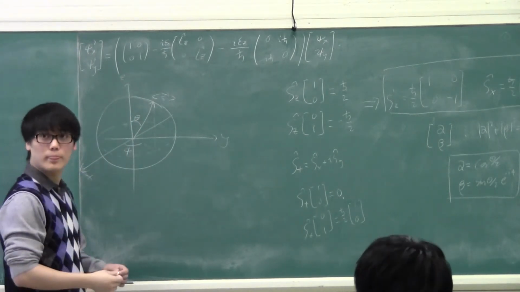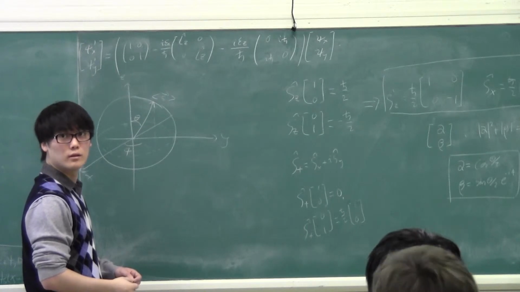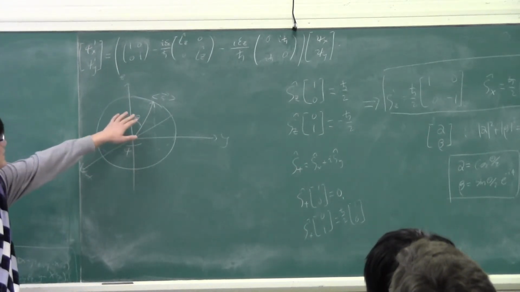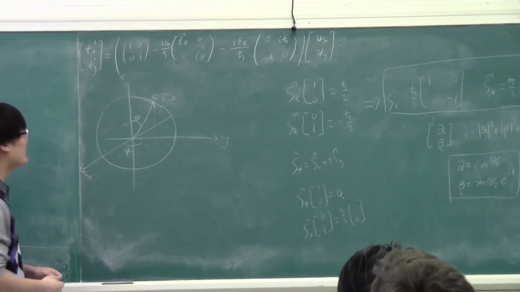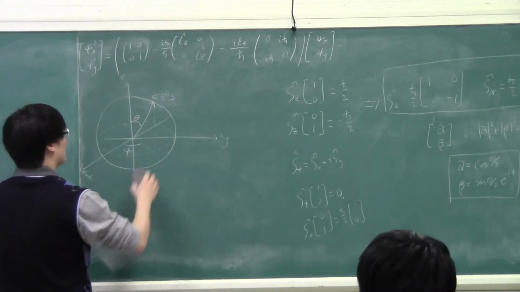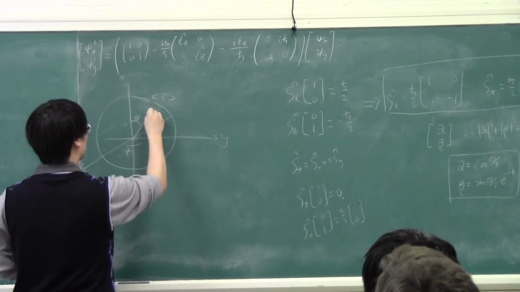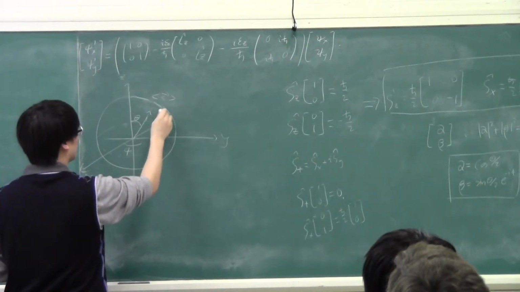The vector doesn't end there. When you draw that vector up, it doesn't end on that circle. It should end on the surface of the sphere. So let's draw the 3D thing. Imagine this ending on the sphere.